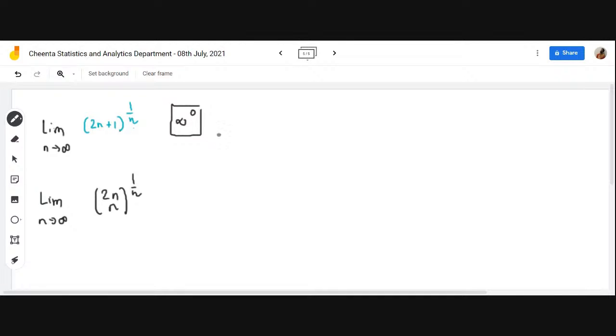Infinity to the power 0, how do you manage it? Any ideas?